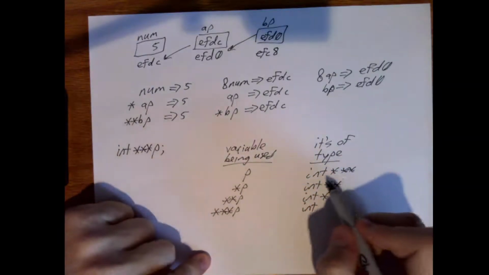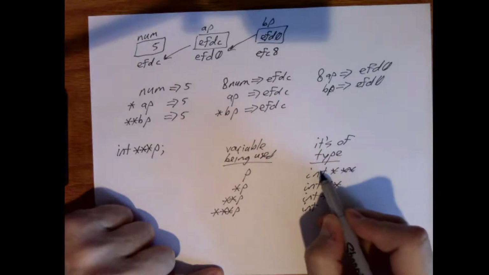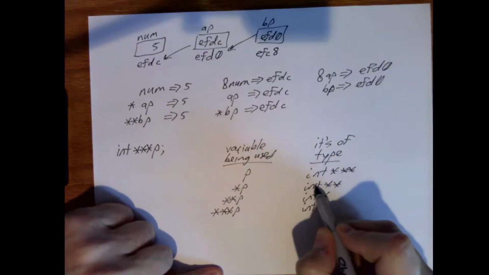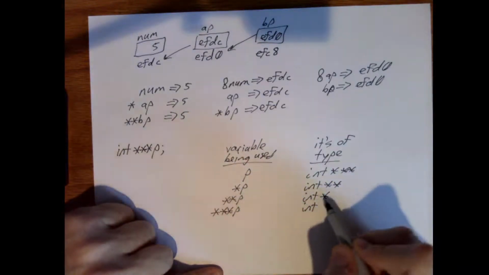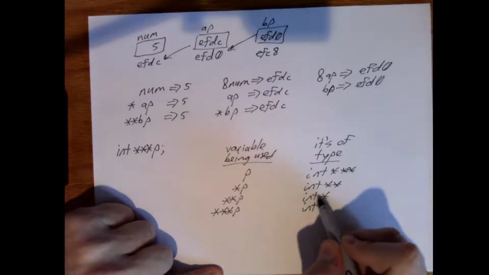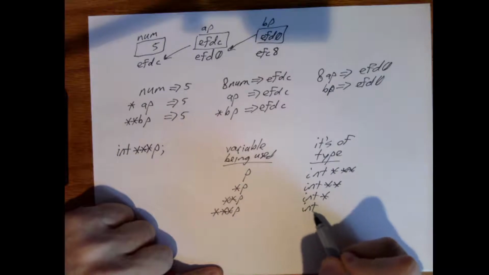P is the address of a pointer to a pointer to a pointer to an int. Star P is the address of a pointer to an int. Star star P is a pointer to an int, or the address of that. And finally, star star star P is just an int.